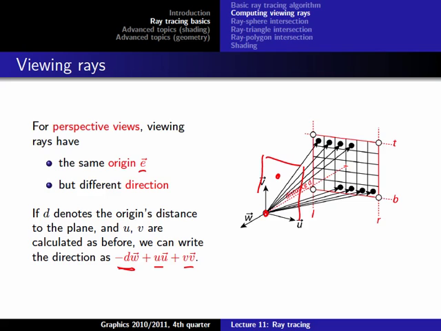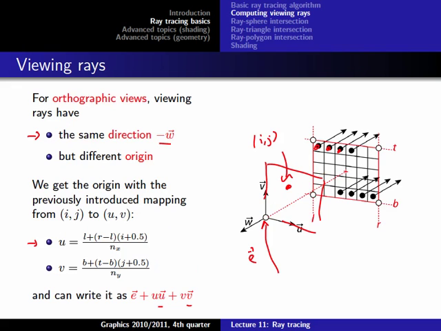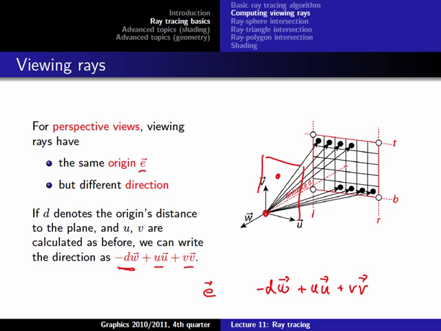So our ray now becomes E, the origin, plus minus d w plus u plus v, whereas in the previous case our ray was E plus u vector u plus v, but it's a linear combination, minus w.